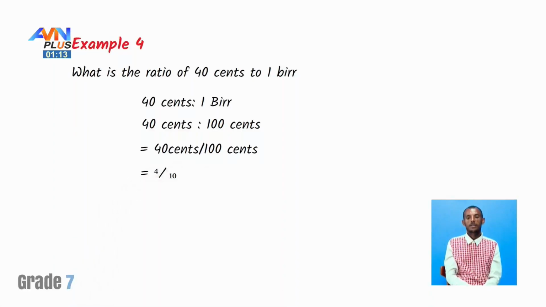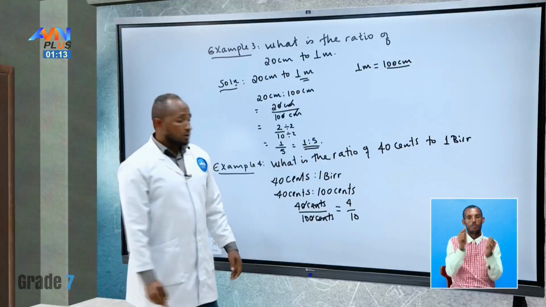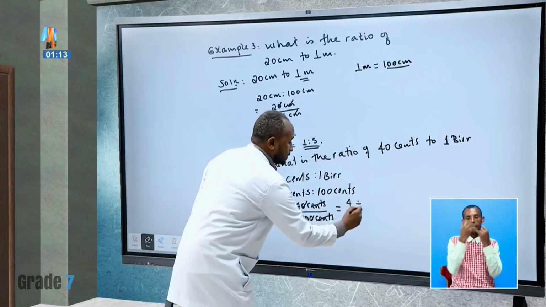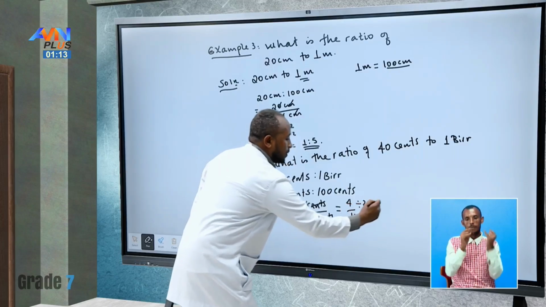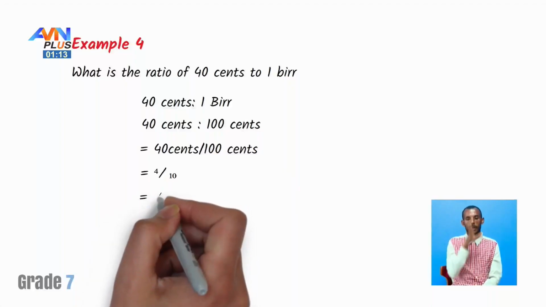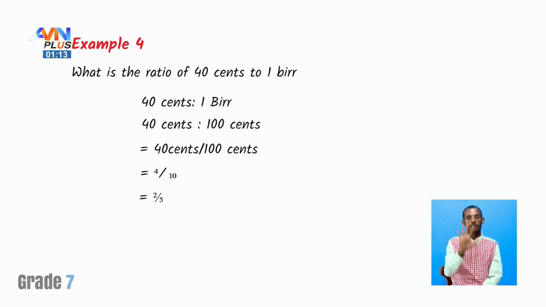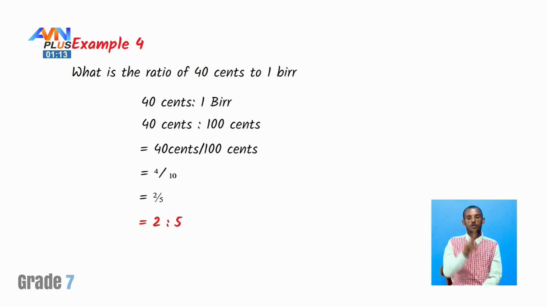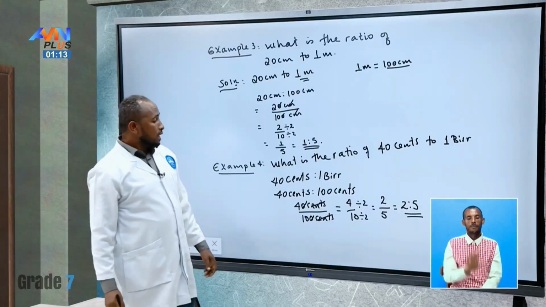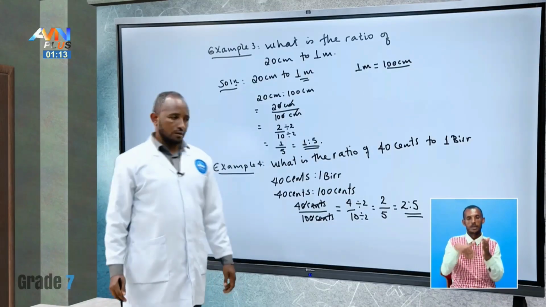The common factor for both is 2. I can divide both by 2, so 4 divided by 2 is 2, and 10 divided by 2 is 5. Therefore, the final answer is 2:5. That's it.